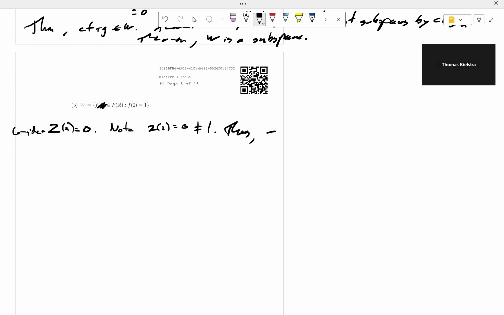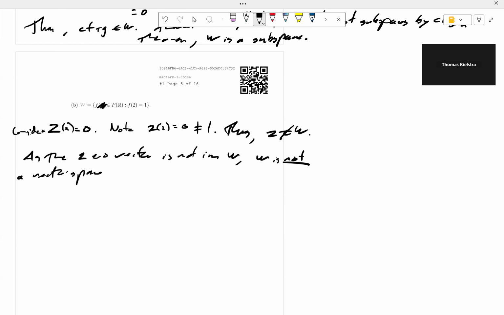Thus, z is not in W. As the zero vector is not in W, W is not a vector space. Therefore, W is not a subspace.